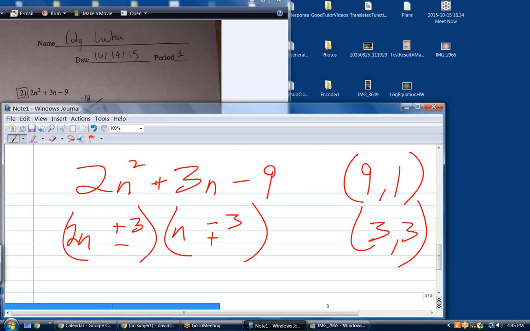Does that work? Hold on. What does it give you for a middle term? In other words, do your double smiley faces. 6.